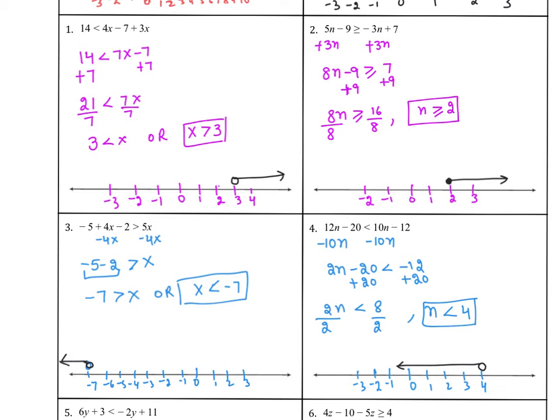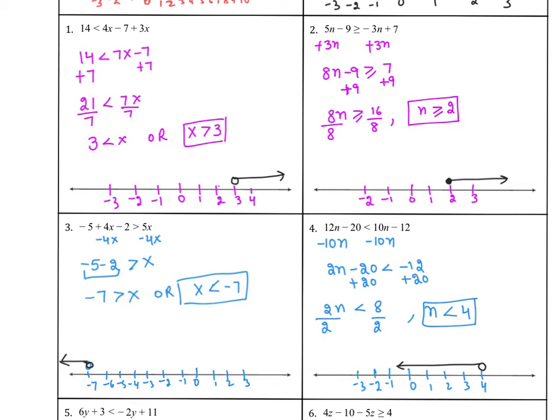So here negative 7 is greater than x, or we can also write that as x is less than negative 7. So make a number line at least up to negative 7. Open circle because there is no line underneath, it is going to go in the less than direction, or negative direction, this way.